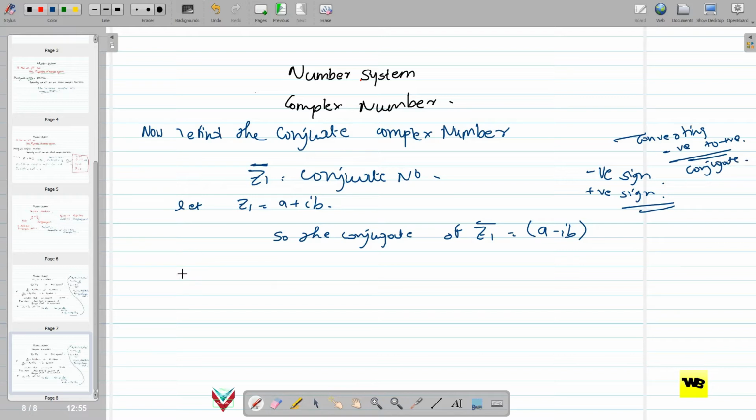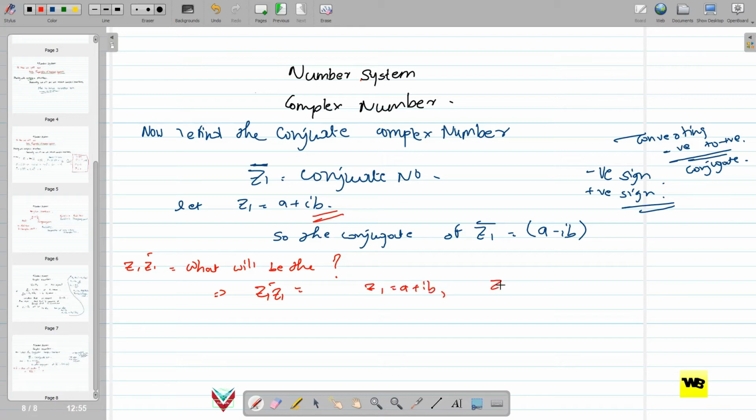Now let's see one example: Z1 into Z1 conjugate, what will be the answer? Z1 equals a plus ib, and Z1 bar equals a minus ib.